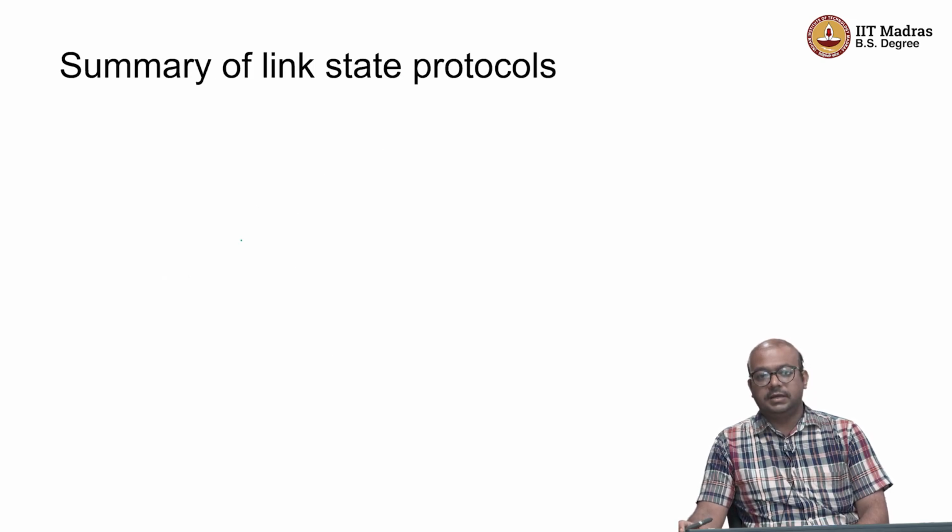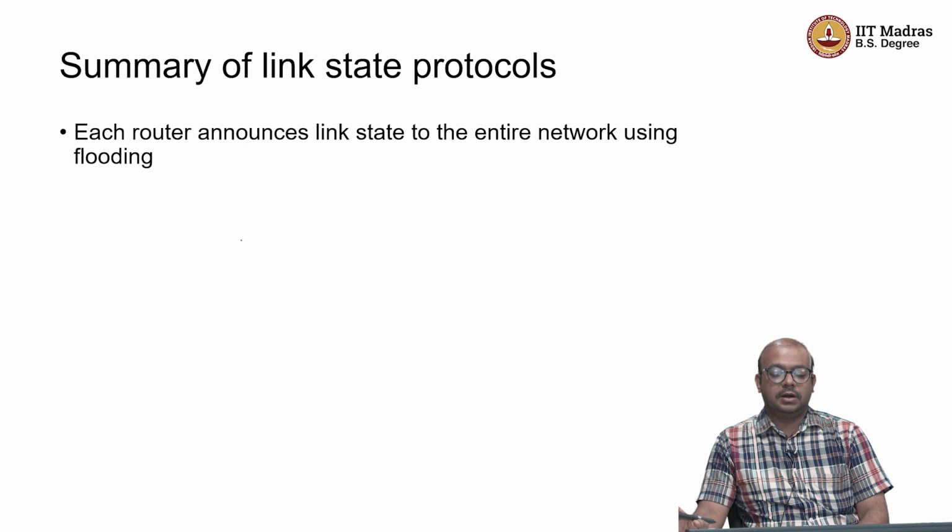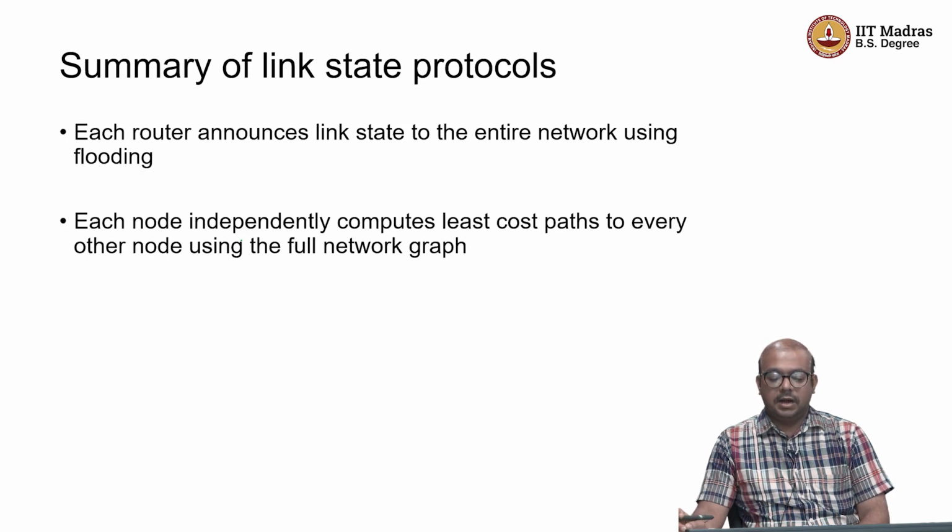So, summarizing the link state protocol, each router announces the link state to the entire network using flooding, that is the link state advertisements and the link state database part. Each node independently computes the least cost path to every other node using the full network information.